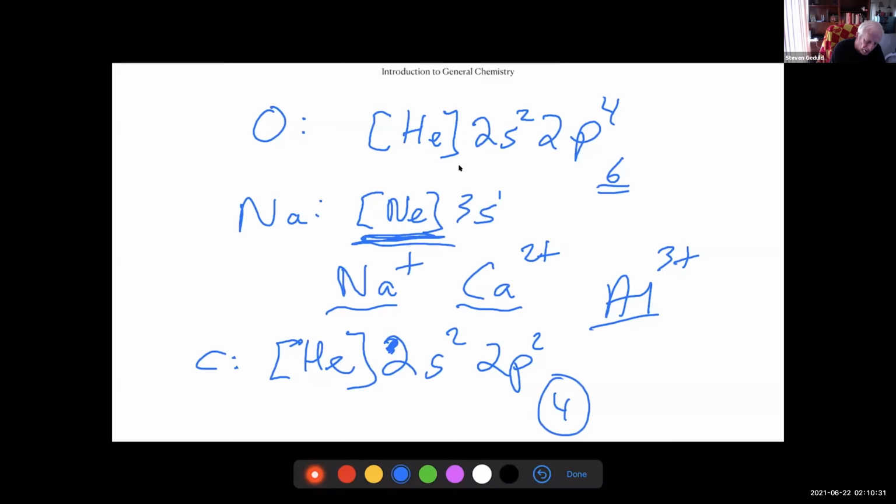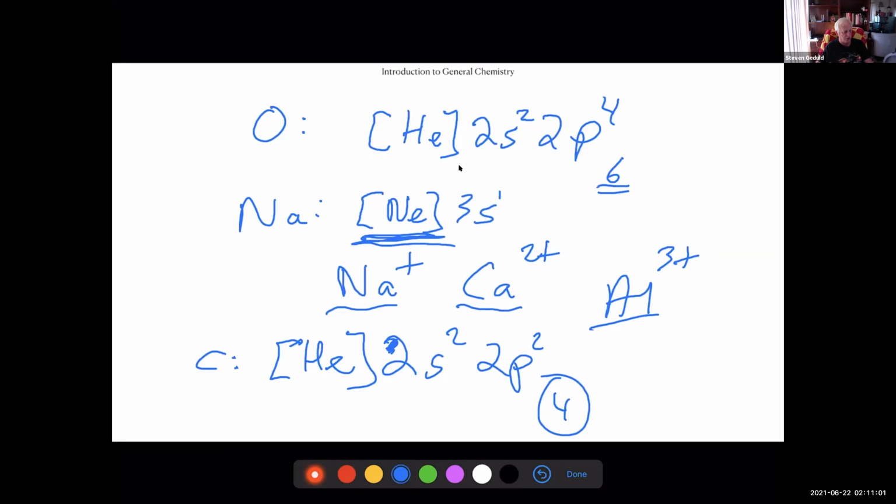Now all the noble gases have 8 in that last column. They're always going to have 8 valence electrons, which is stable. So 4 is right in the middle. If it has less than 4, it's going to give up electrons. If it's got more than 4, it's going to bring electrons into itself. So less than 4, the first column, the second column, and then the 3A, boron and aluminum, are all going to lose electrons.